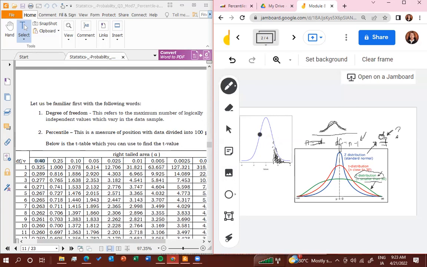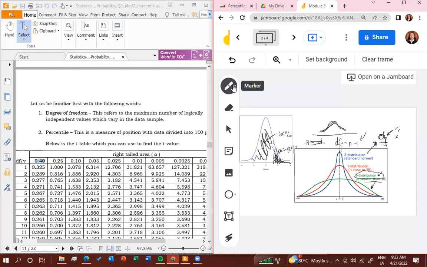Its opposite would be 60%. Since alpha is the error that they set as tolerance, if it is equal to 0.40, then the unshaded area would be 60%. So 60% of the data points are here.